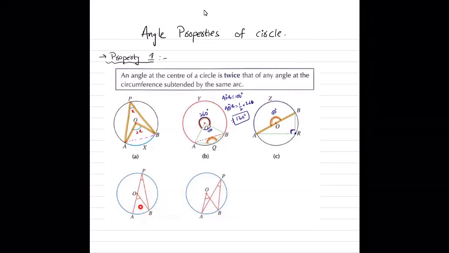Consider the next diagram. AOP is a diameter. This is the angle at the center. And from the same chord, this is the angle at the circumference. So the ratio is going to be 2:1. Angle at the center is twice the angle at the circumference.